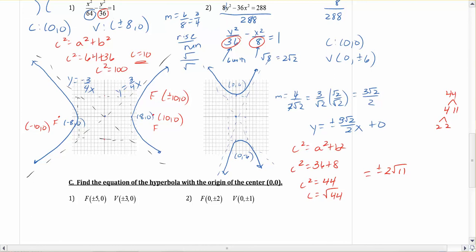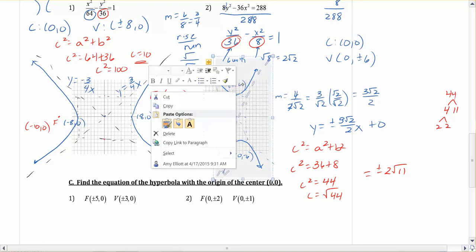Square root of 44, well, what? 6 times 6 is 36, and 7 times 7 is 49. So in between that, this is about 6 point something, right? My graph's going to be bigger than 6, but not necessarily up to 7. But I have this point that's plus or minus 2 root 11 away. It can't be in this direction because then my focus would not be within my hyperbola. I have to go between 6 and 7 in this direction.